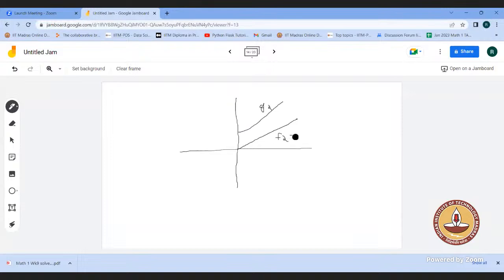What is this f2 function? This is x, right? And g2 is e power x, right?